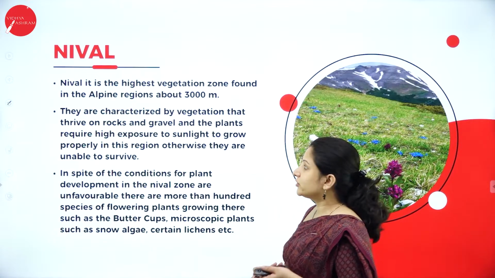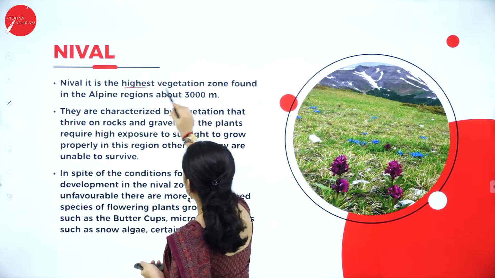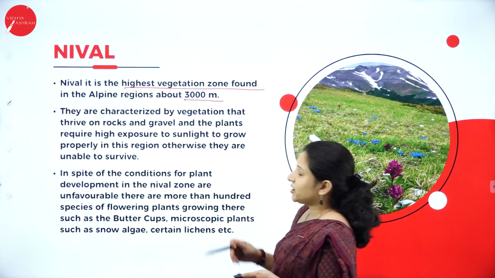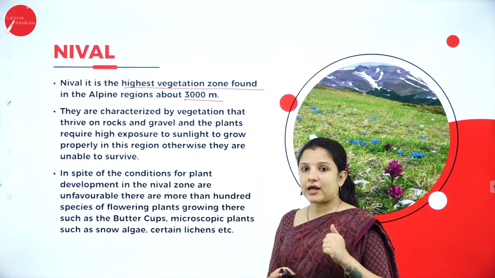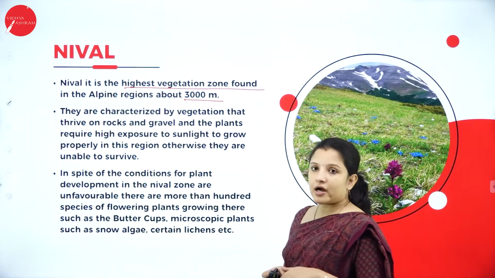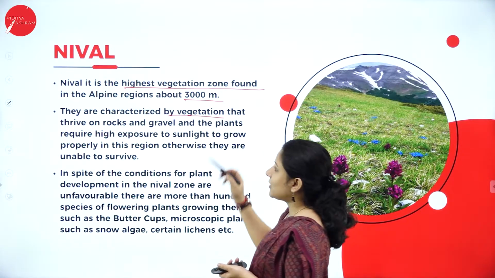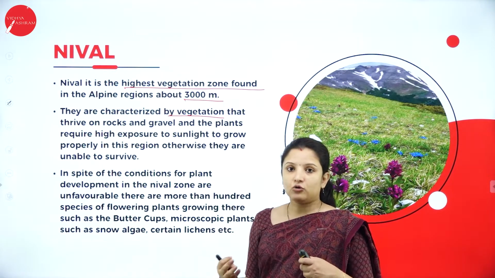So next, talking about the Nival region. Nival is the highest vegetation zone, found above the alpine region, above 3000 meters. After the alpine region, somewhere above 3000 meters, we have the Nival region. These regions are characterized by being quite rocky, meaning they are made up of stones and boulders and all that.